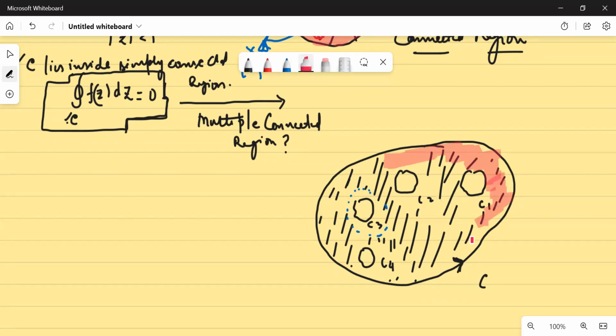Yes or no? So I'm shading it in red. So this is your multiply connected region. Okay, so how to go about all these things, like other regions which are not in red. So for example, now this red region is your multiply connected region. Okay.